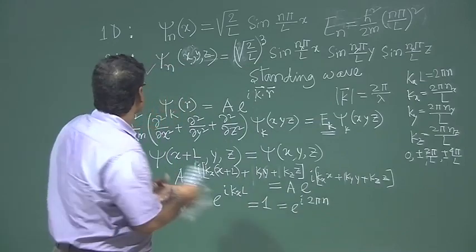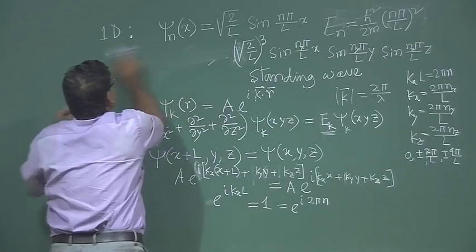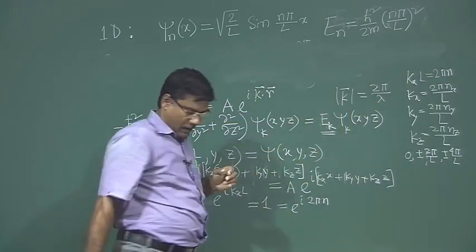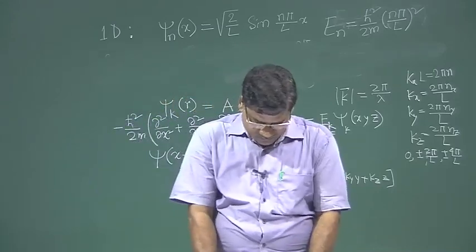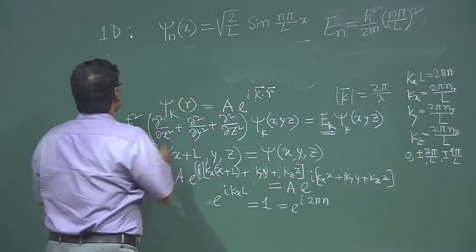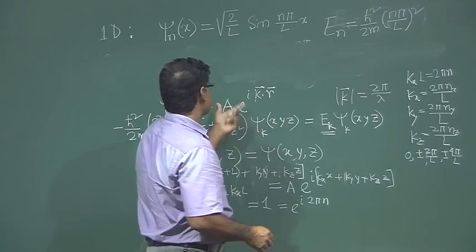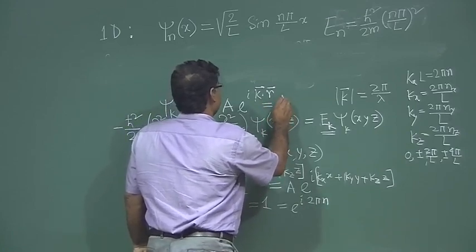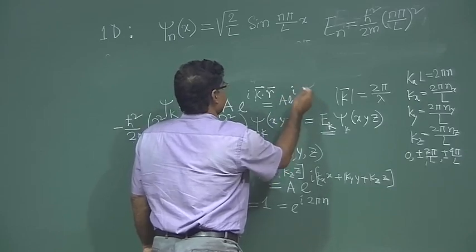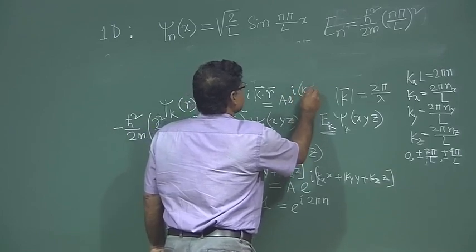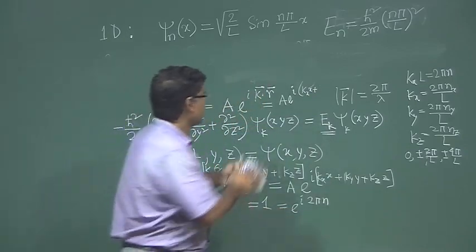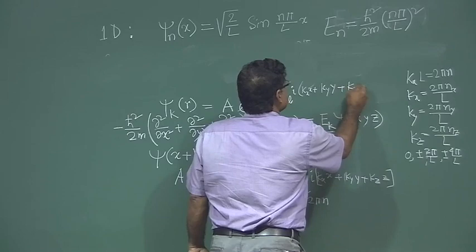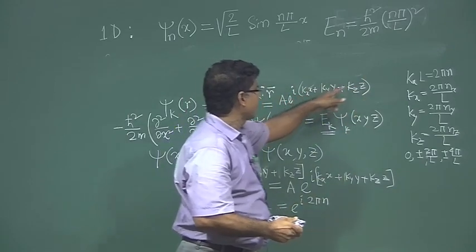So, then our Schrodinger equation, this form is now e to the power i (k_x x plus k_y y plus k_z z), where k_x, k_y, k_z can take these values.